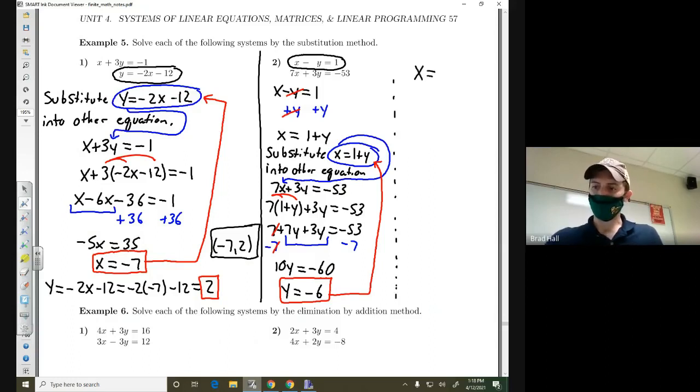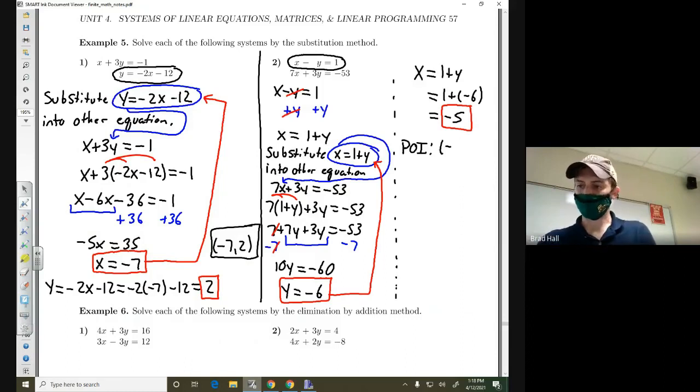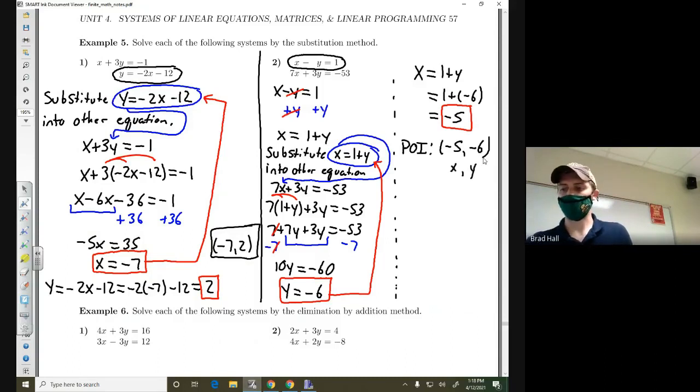So we have x is equal to 1 plus y, but now we know that y is equal to negative 6. So we simply get negative 5. So the point of intersection, or the ordered pair that solves the system, is negative 5 comma negative 6, where I'm putting the x value first and the y value second.